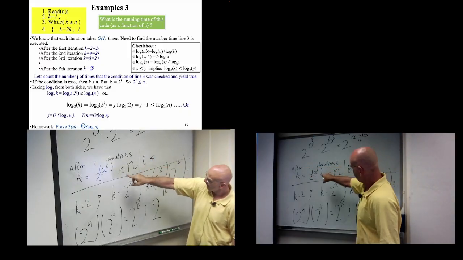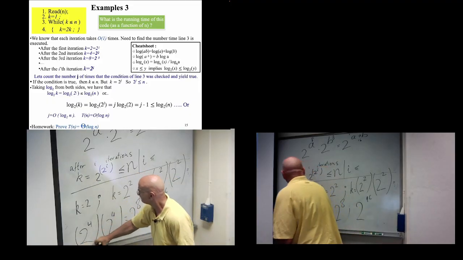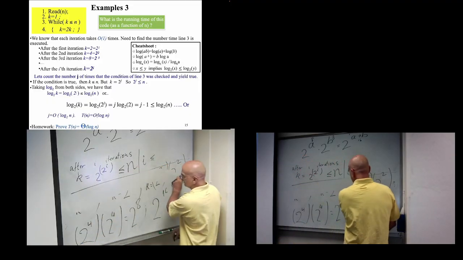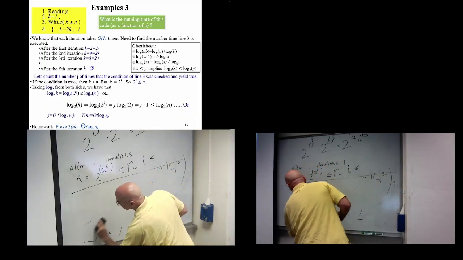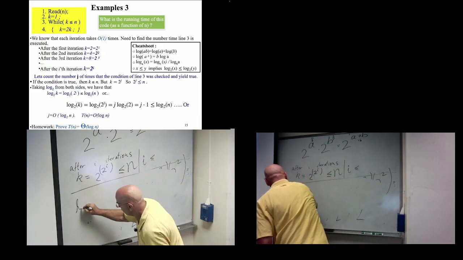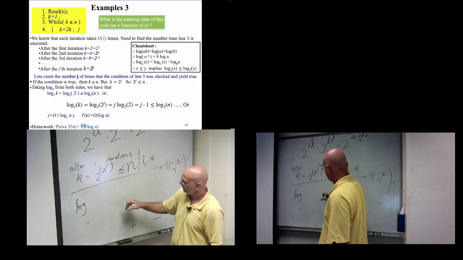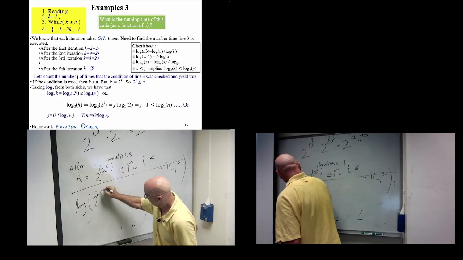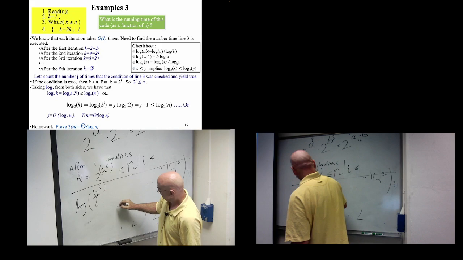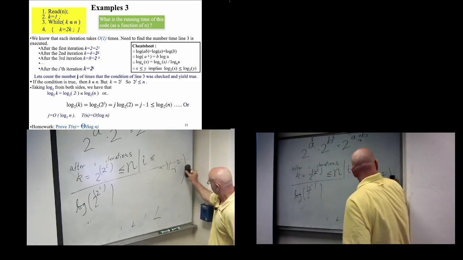Let's try. Let's take log from both sides. So I'm getting from the left log to the base 2. All my logs are in base 2. Log of 2 to the 2 to the i should be smaller than log n. So far, so good.